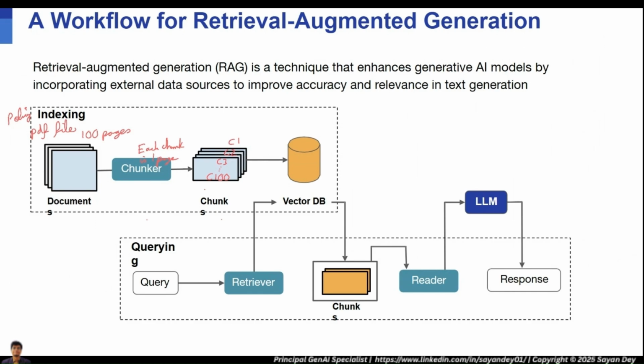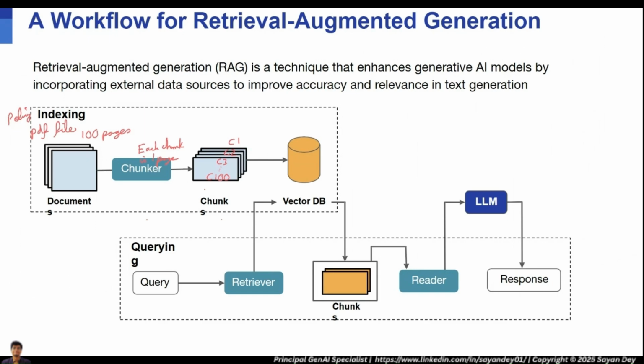Now what we do, because this is all text data, right? Even when you chunk it, those 100 chunks that you see are all text. Each of those 100 chunks is basically text. Chunk one is the whole text present in page one. Chunk two is the whole text present in page two. Chunk three is the whole text present in page three.